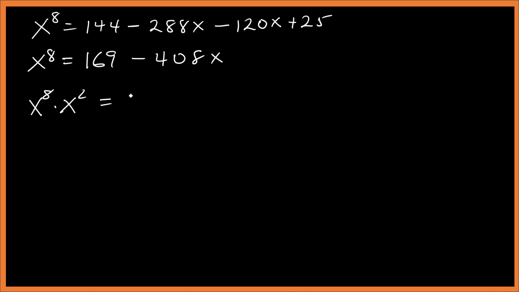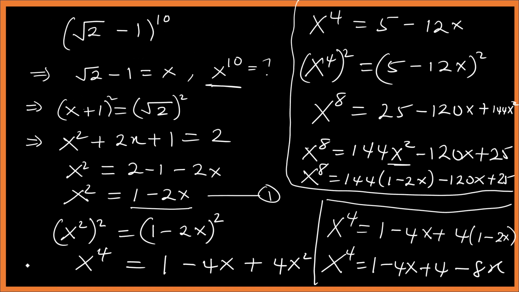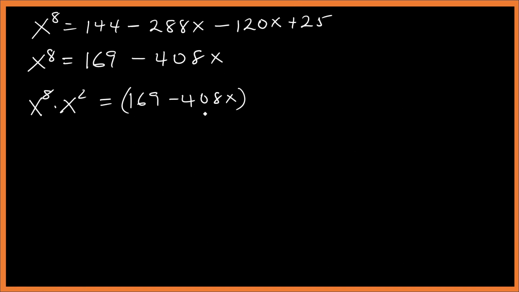So with this, x to the power 8 times x squared will be (169 minus 408x) times x squared. Let's check x squared: x squared is 1 minus 2x. So this side is x to the power 10.